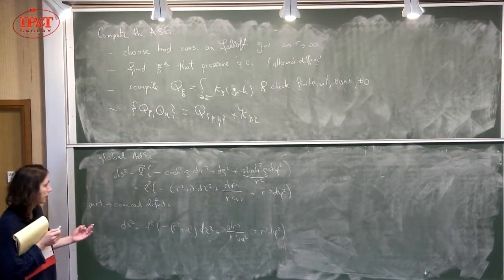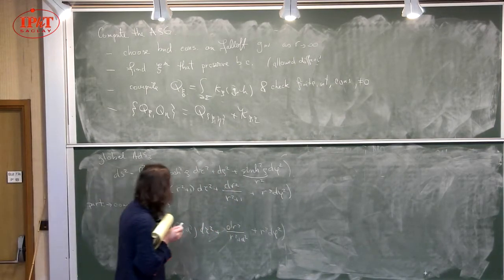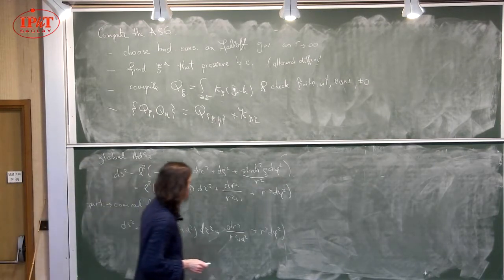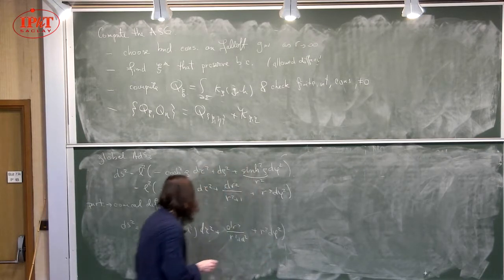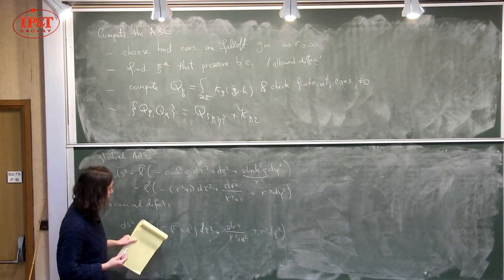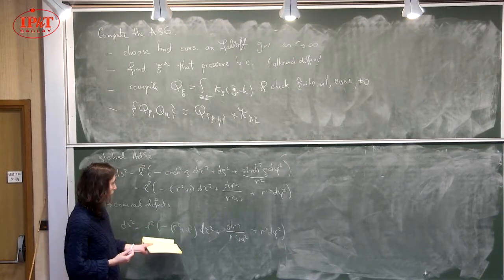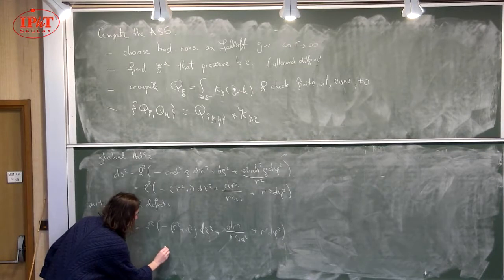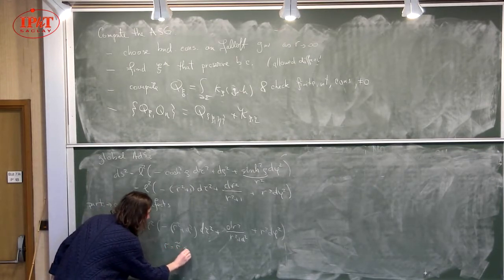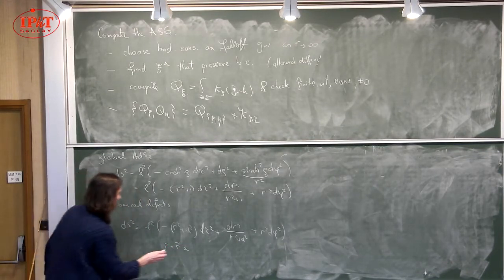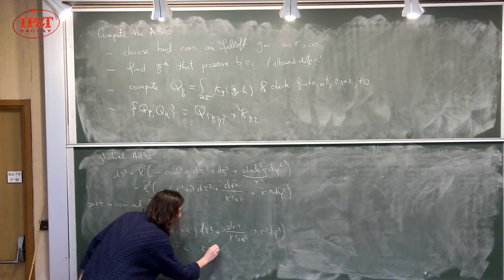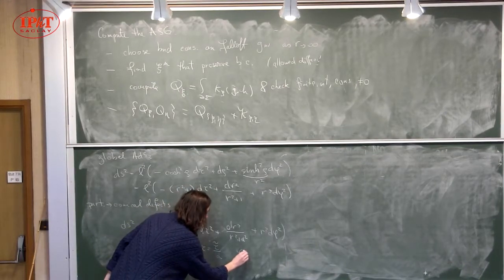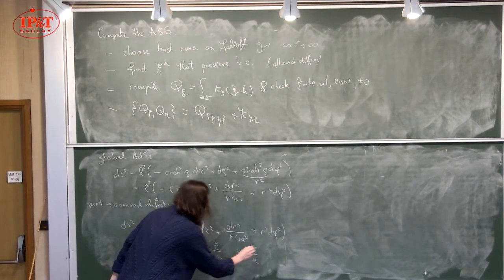So basically what this metric does, how do you see it's a conical defect? In principle, it looks like this metric is identical to the previous metric if I rescale: let r equal r tilde times alpha, tau equal t tilde over alpha, and phi equal phi tilde over alpha.